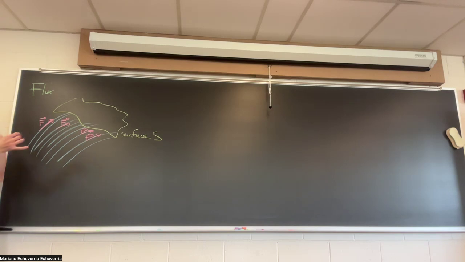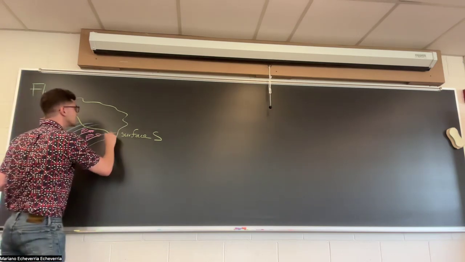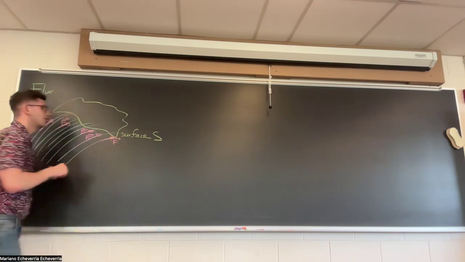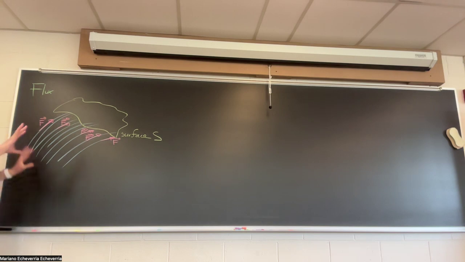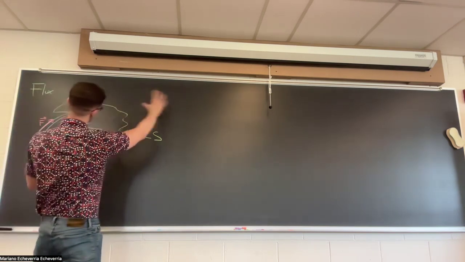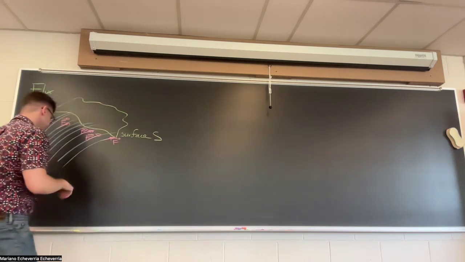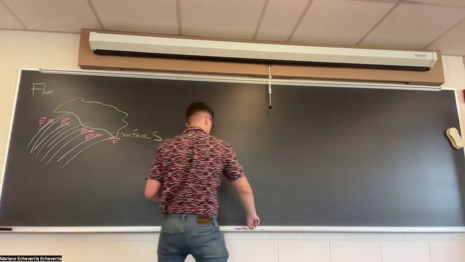So there are many different interpretations for what this can be. But I'm just thinking of F as a vector that directs how these curves look. And so there's some of this material that will pass through the surface, and that's related to the flux.